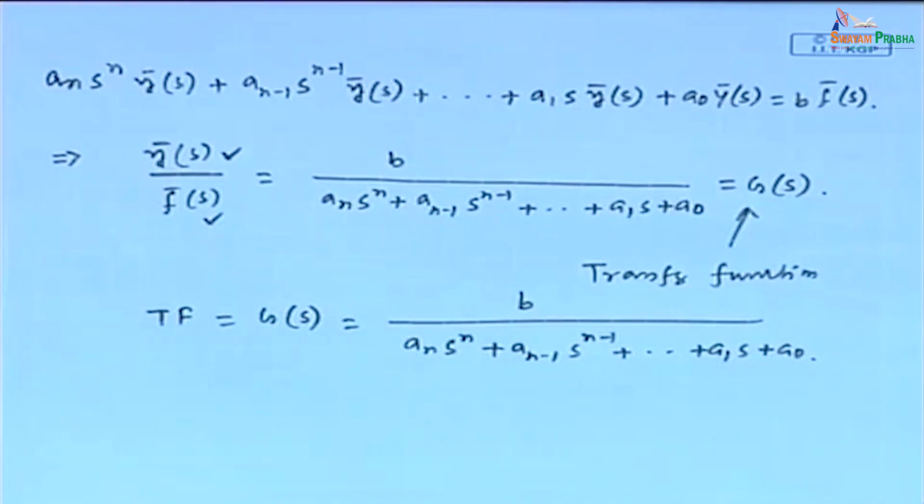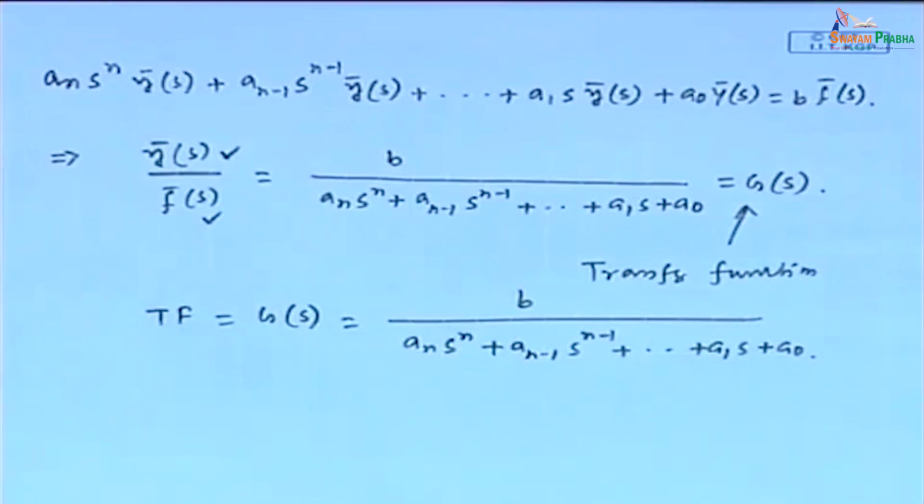So, this transfer function basically represents the linear or linearized input output model in terms of deviation variables. You see, this is the input output model, fine. So, the transfer function represents the linear or linearized input output model in S domain, Laplace domain.